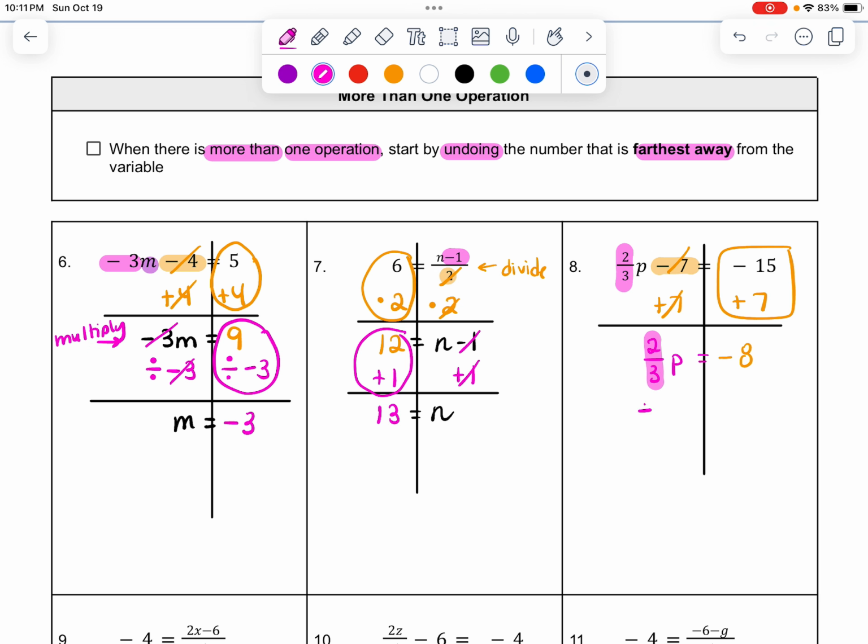So what I'm going to do is divide by 2/3 on both sides. Now again, you have a calculator, so don't be nervous when there's a fraction. You can just use your calculator to help you. On the left side, the 2/3 cancels the 2/3, and we just get p. On the right side, the negative 8 divided by 2/3 ends up giving you negative 12, and you're done.